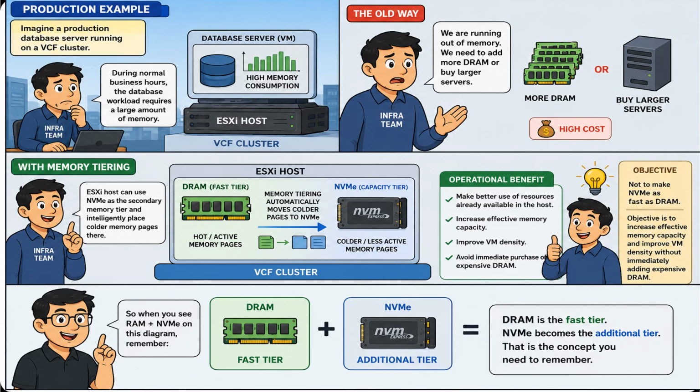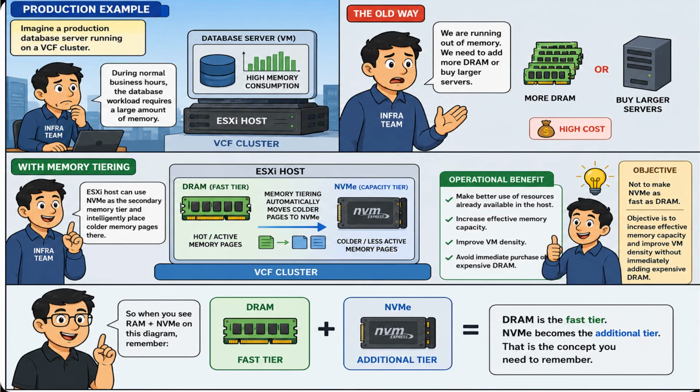So when we see RAM plus NVMe on this diagram, just remember DRAM is the first tier, NVMe becomes the additional tier. That is the concept we need to understand here.